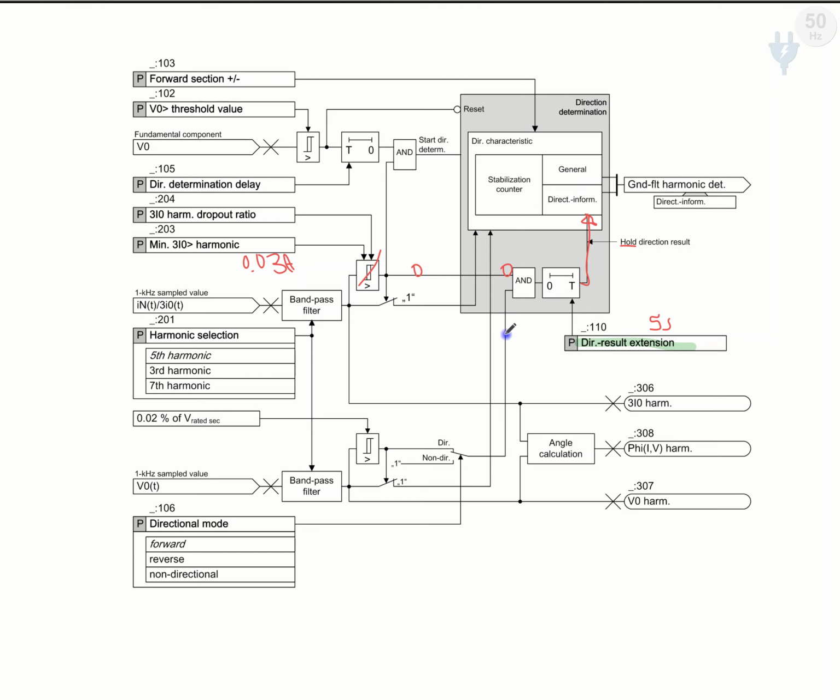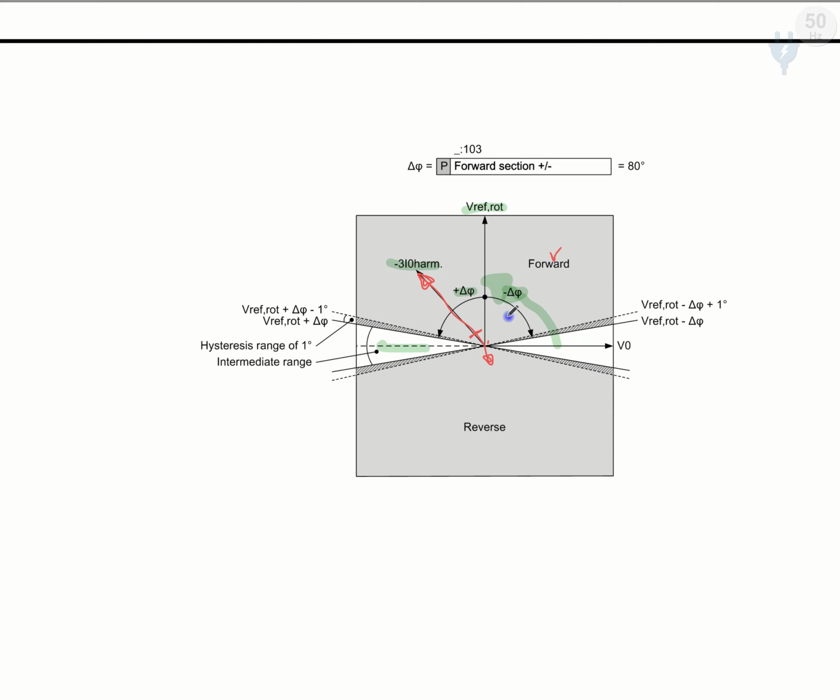But when we give, for example, 5 seconds, during this 5 seconds, if the harmonics of zero sequence current fall below its threshold value, or its dropout ratio, which is 0.60, then our direction, which was determined by the system, stays as the determined direction, and the system will not define a new direction.